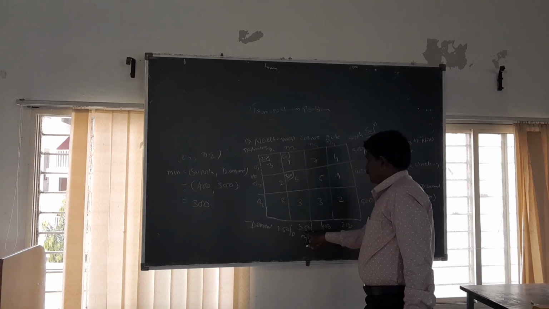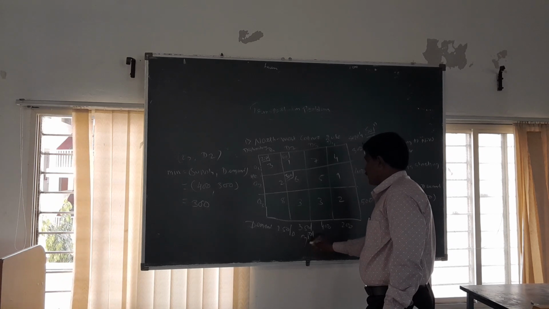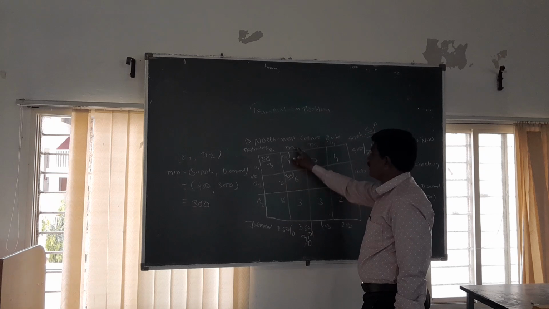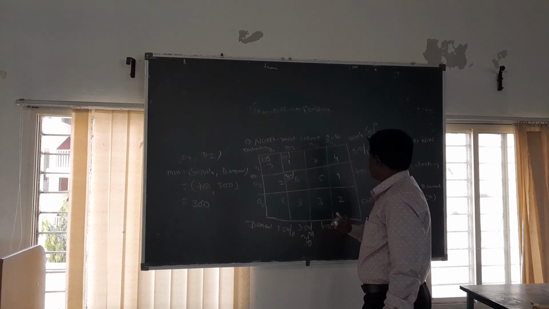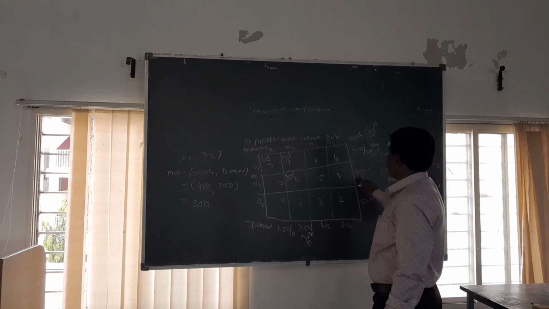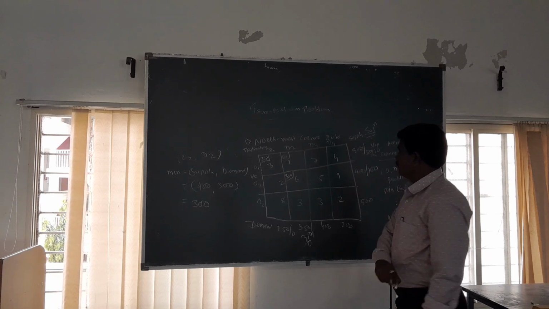Subtracting 300 from 300 leaves 0, so column D2 is exhausted, and 400 minus 300 leaves 100.